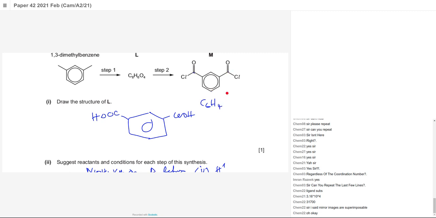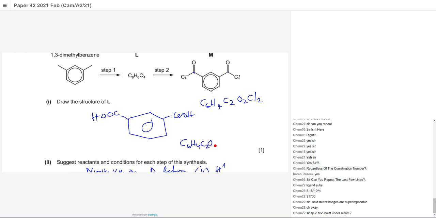There are 2 carbons here: C6H4(COCl)2. So C6H4C2O2Cl2 plus, the reactant is C8H6O4, plus PCl5, and POCl3 and HCl are the byproducts.